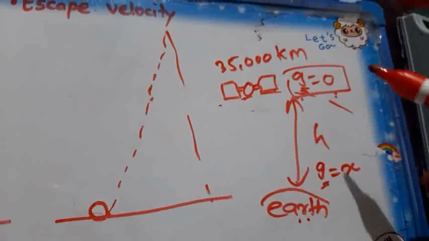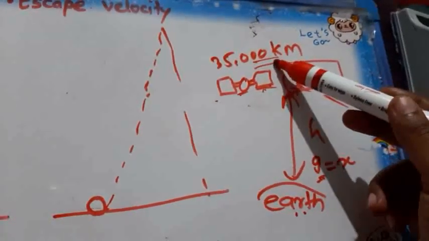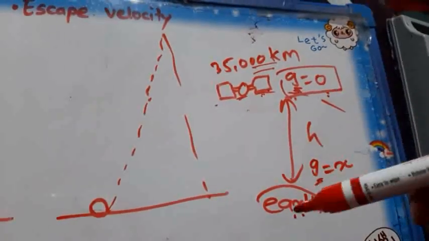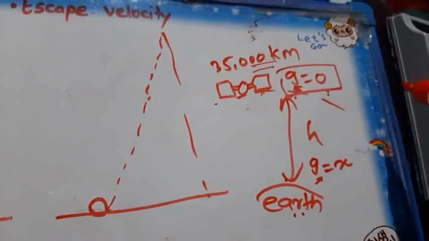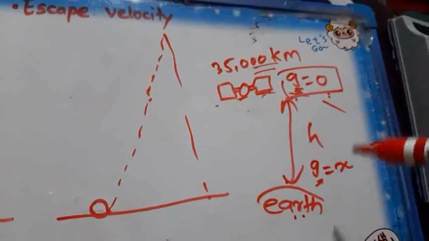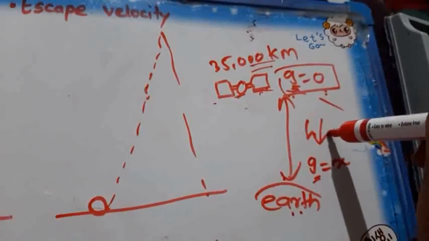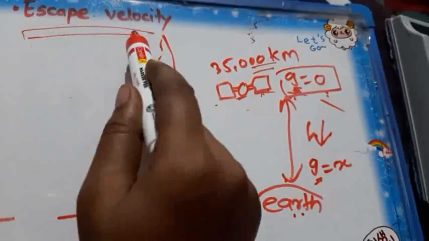But to launch these satellites at these greater heights, we have to push that satellite from the earth's surface with that velocity so that it can escape the downward pull of Earth. And that velocity is nothing but escape velocity.